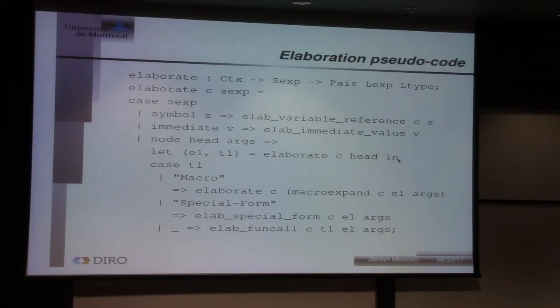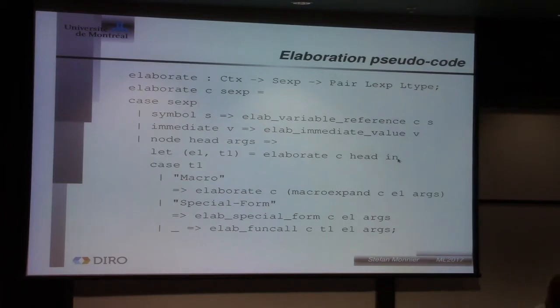So what does the elaboration function look like? Well, this is a pseudocode version of it. I take a context as an argument, I take an S expression as an argument, which is the expression I'm trying to elaborate, and I return both an elaborated version of the code in a core lambda calculus and the type of it. And as you can see, it's fairly straightforward.